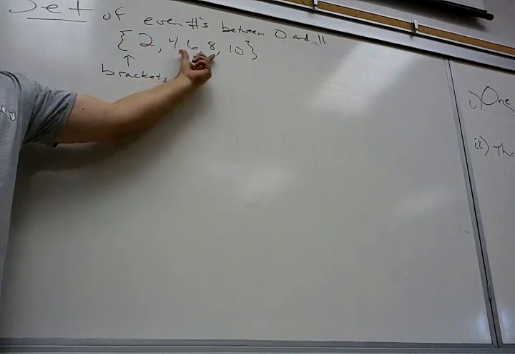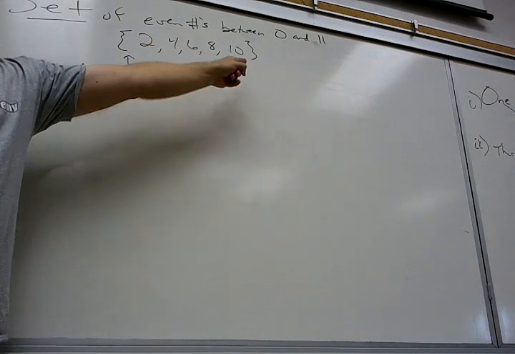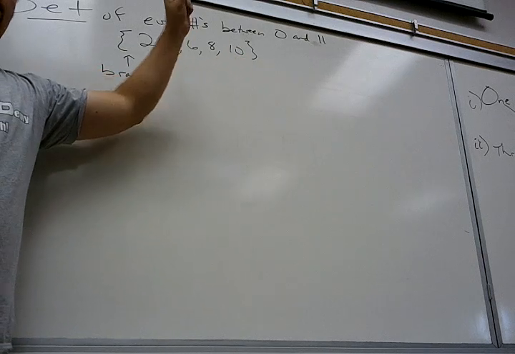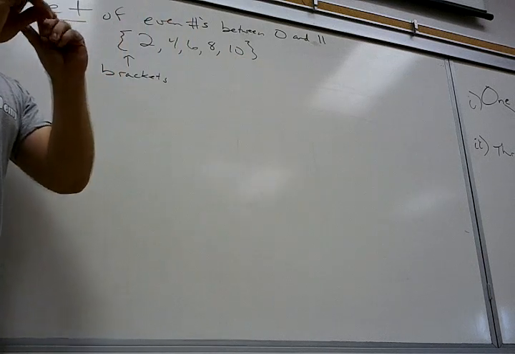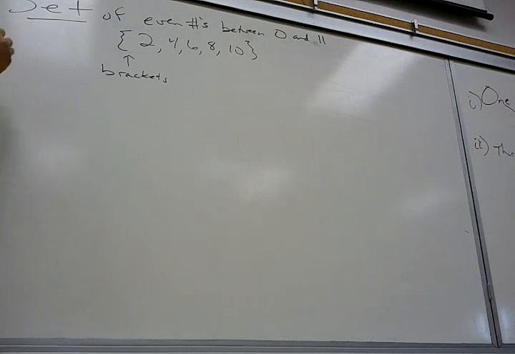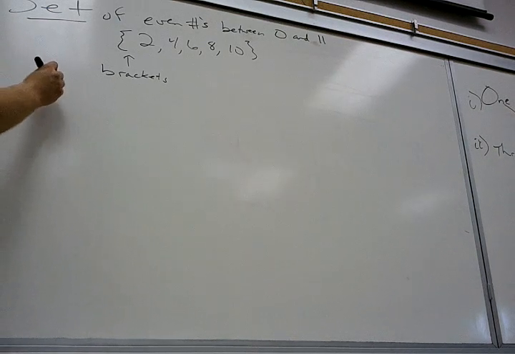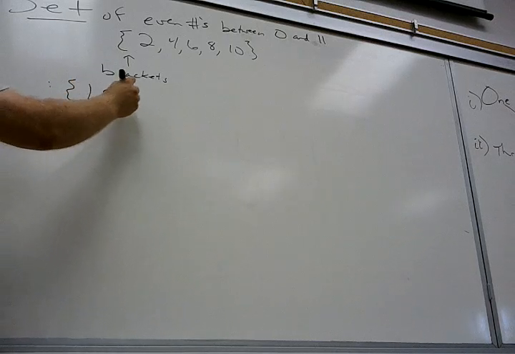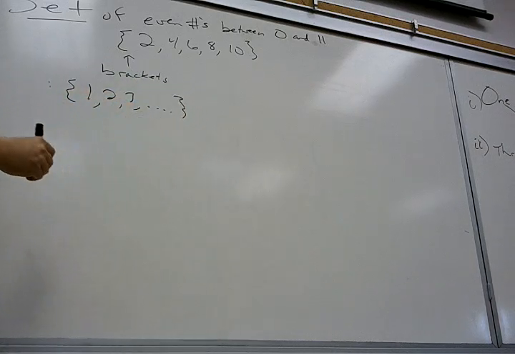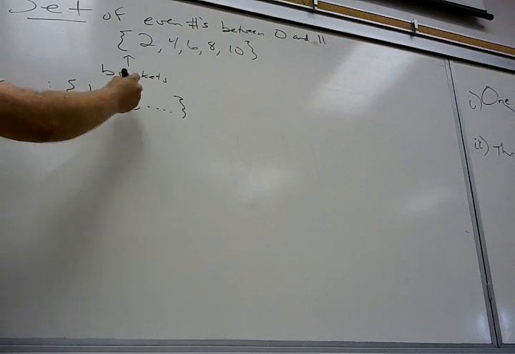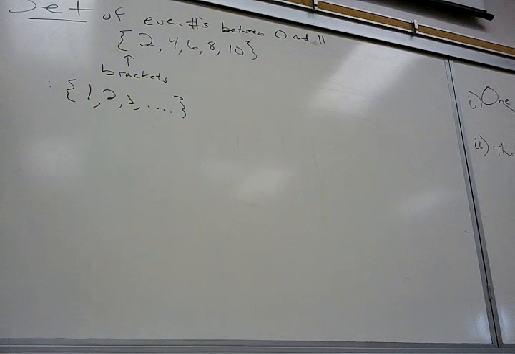But if there's only a few numbers, let me just list it out in set notation, right? There are certain types of numbers that we've given special names to. This set, let me try to write it: 1, 2, 3. We call these a couple different things. We call these the natural numbers or the counting numbers.